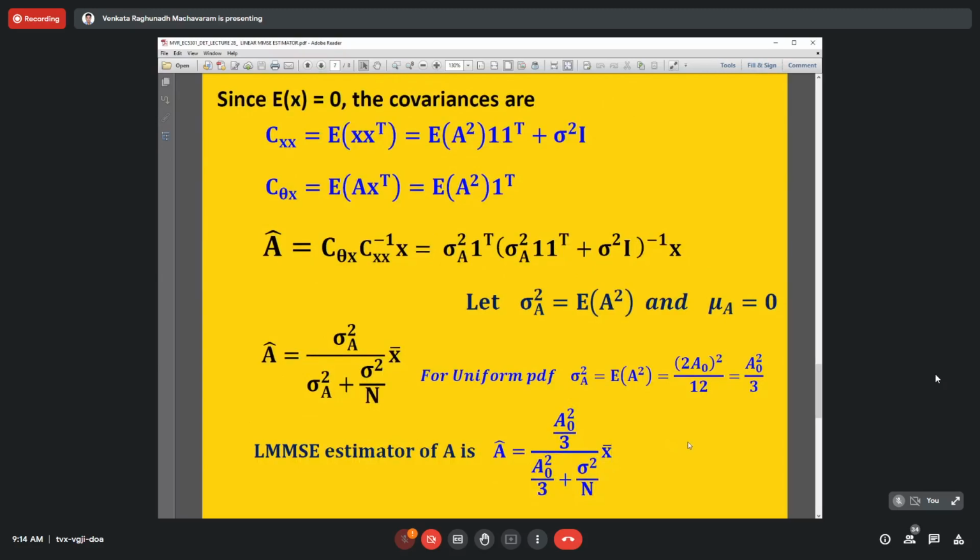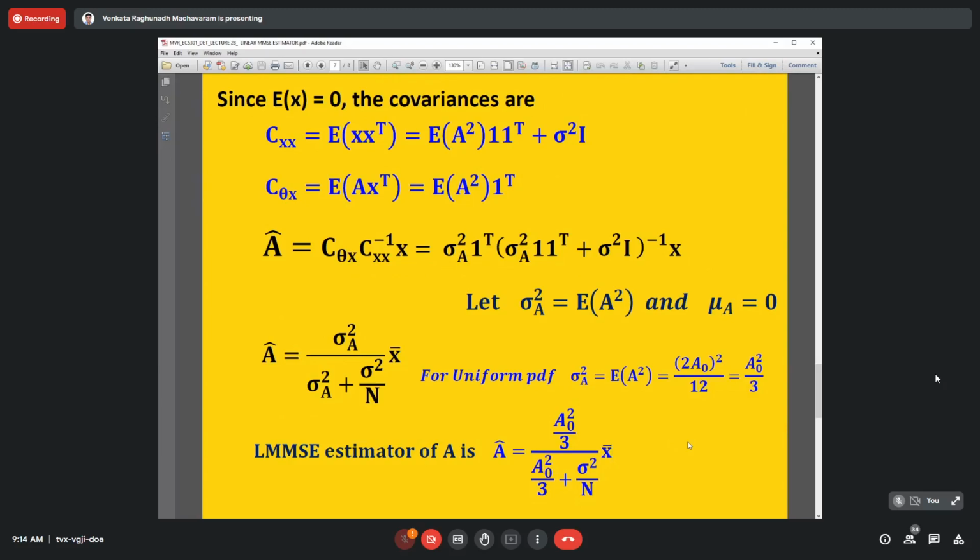So hence, the linear minimum mean squared error estimator is not unbiased. It is not satisfying because A hat is not equal to A. It will be equal to A only when the value of n is very, very high, so that the A naught square by 3 term gets insignificant, gets cancelled out.